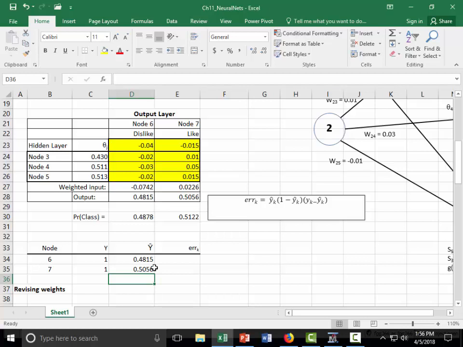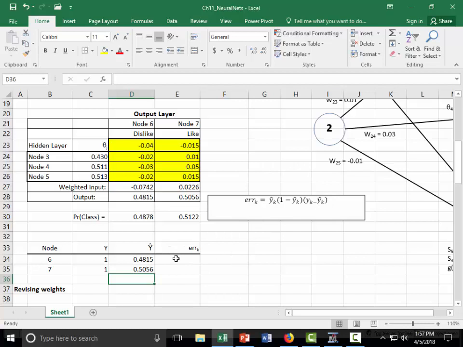This is not like regression because we're using different weights for different nodes, and we're also converting the output into a sigmoid function. So there is some calculus involved here, and you go through all those calculations, which mercifully we won't go into. All right, so the error is this.